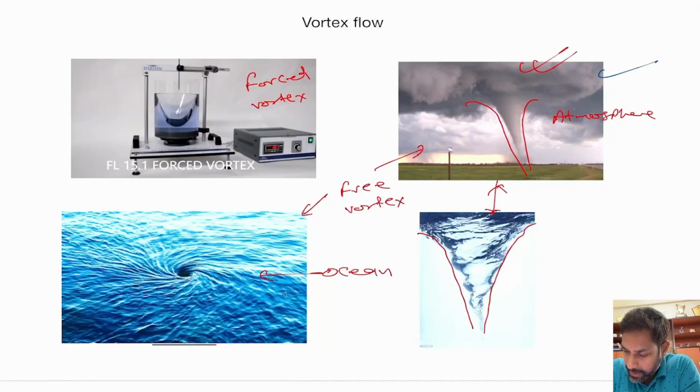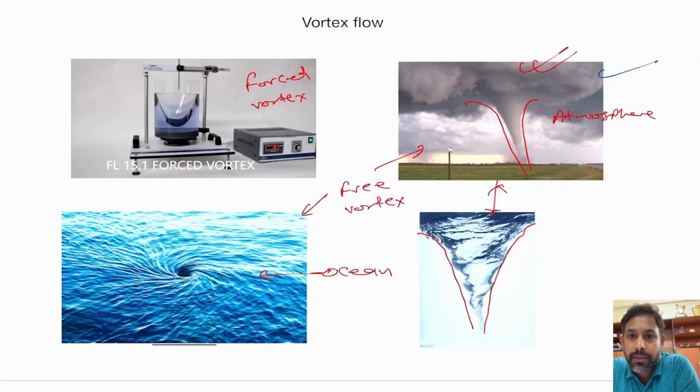Okay, now if you know the shape or the pressure distribution, you can actually estimate what will be the velocity at different locations, what will be the angular velocity, or what will be the depth of the vortex in case of free vortex, or in case of forced vortex, etc. Like in case of forced vortex, you can estimate how much water will go out from the glass if you start rotating, or in case of free vortex in the atmosphere, you can actually predict what is the depth of the vortex, or what will be the velocity, what area of the atmosphere around a vortex is getting impacted.